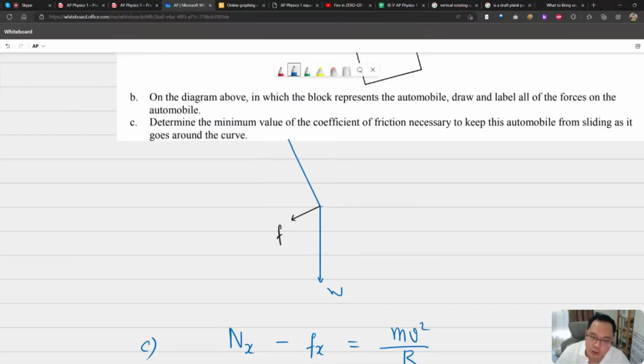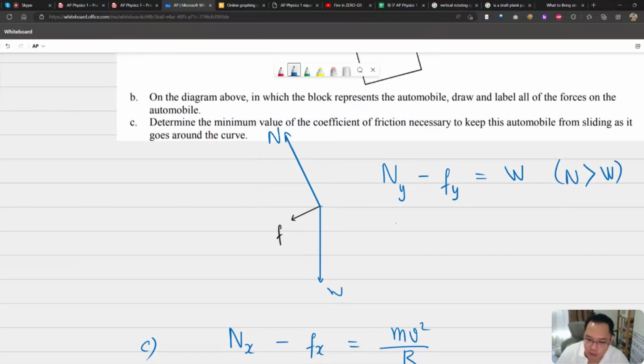The most important thing is to determine the direction of friction. Now the vertical component of the normal force, minus the vertical component of the friction, equals the weight. So the normal force is greater than the weight.